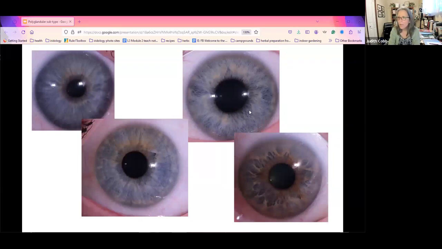Here we have somewhat organized fibers, but in many places, the fibers look a little more like they're woven, a little tangled. They're kind of bumping into each other all over the place. And in this last one, we have these petal shapes or leaf shapes in the eye.